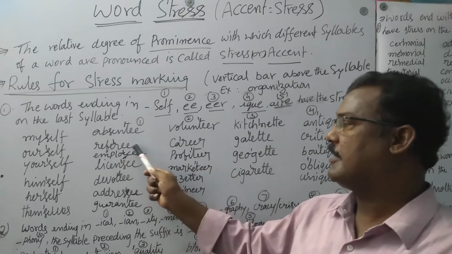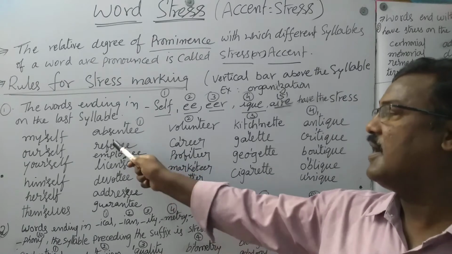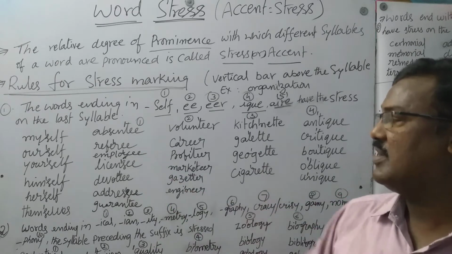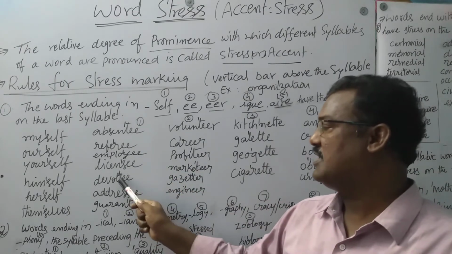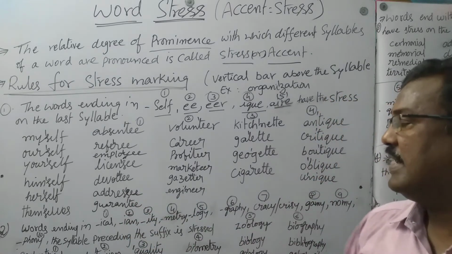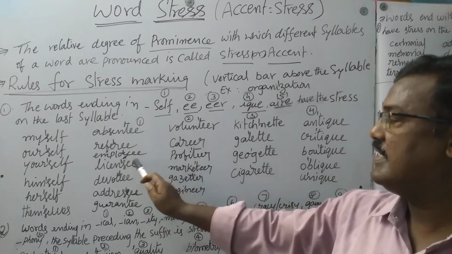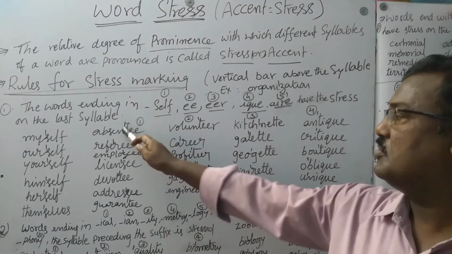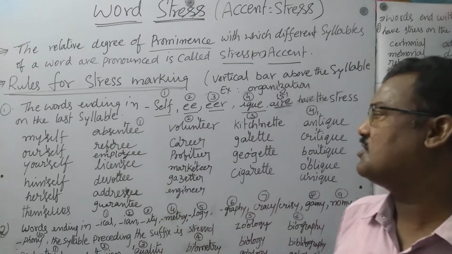Now, referee, last syllable, R above. Employee, Y above. Licensee, S above. Devotee, second T above. Addressee, second S above. Guarantee, T above. Above we have to use the vertical bar, that is called stress.